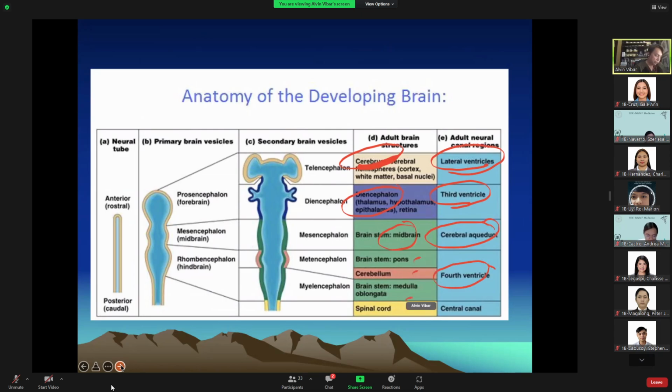We're going to show you that in the laboratory later. For the spinal cord, the cavity to remember is the central canal. Okay po? Clear po tayo? You're going to visualize that when you go to your laboratory later. We're going to show you that.